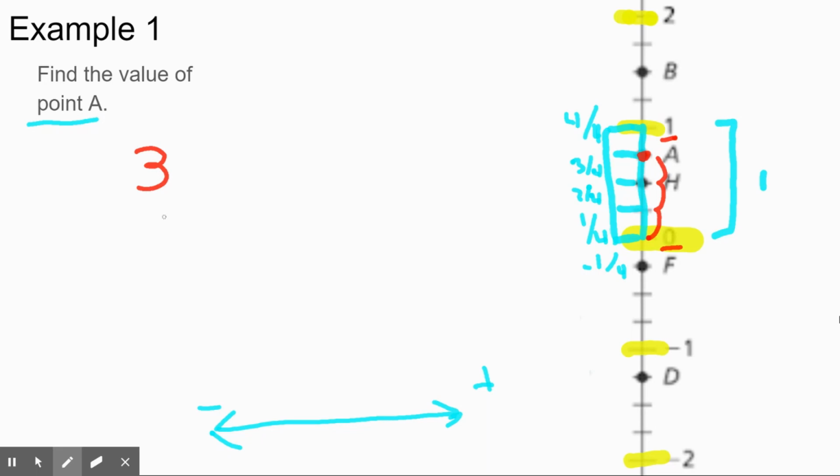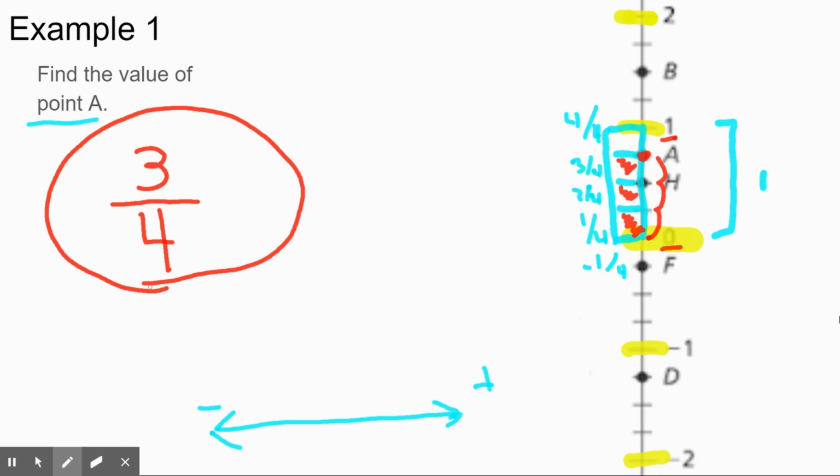So we could write down a 3. That's not going to be our solution, though, because we already know that A is between 0 and 1. If we look at our fractions here, we've gone 1, 2, 3 out of our 4 boxes. So that means the value of A is 3/4.